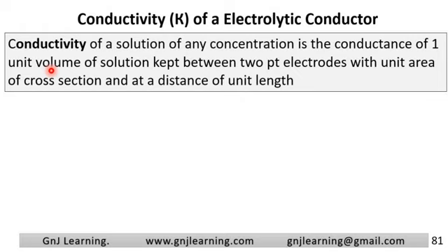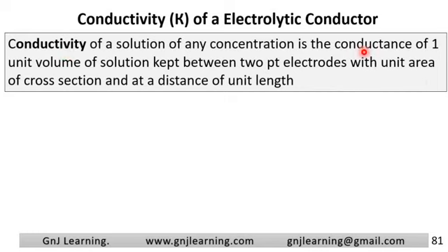But there is one major difference between an electronic conductor and an electrolytic conductor. In an electronic conductor, concentration does not vary with the conductance, whereas in an electrolytic conductor concentration might vary, but conductivity does not mention that. Conductivity only mentions length and area of cross section, nothing else.